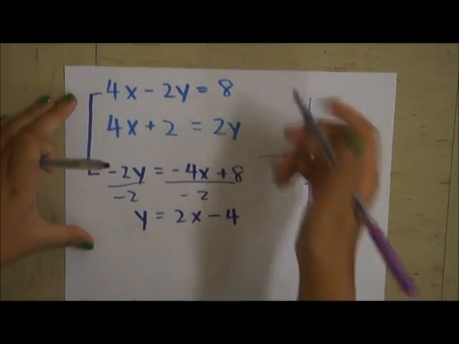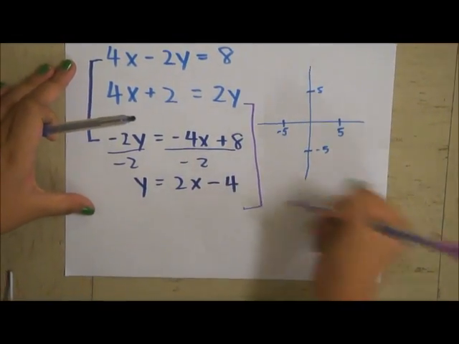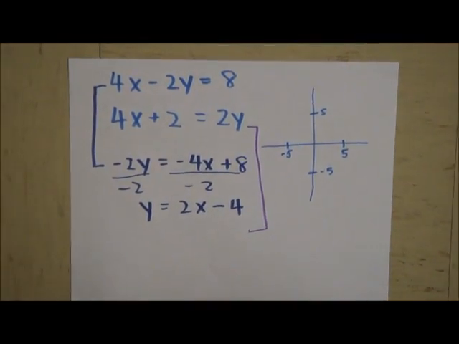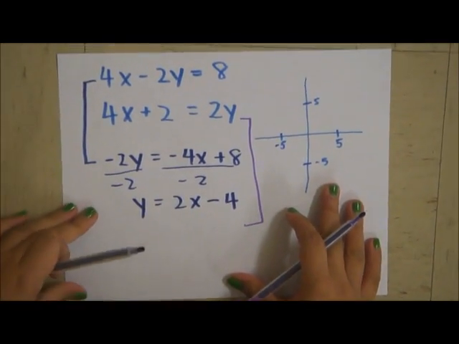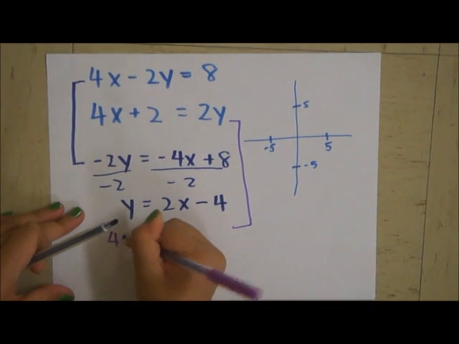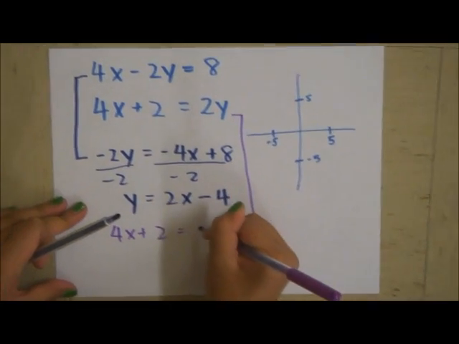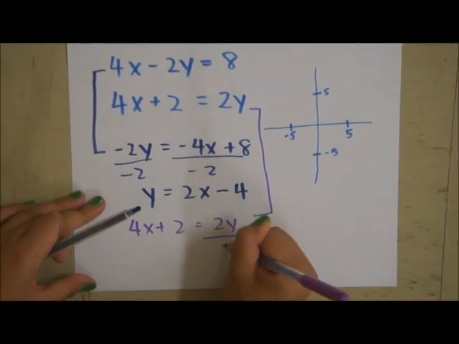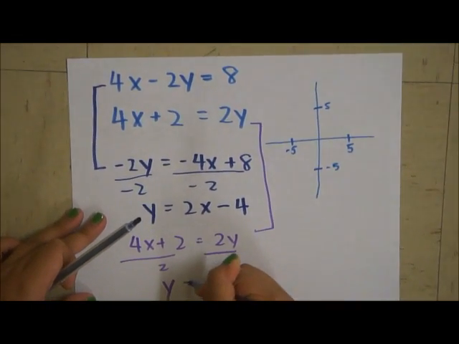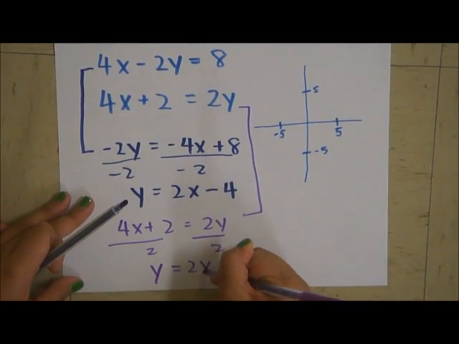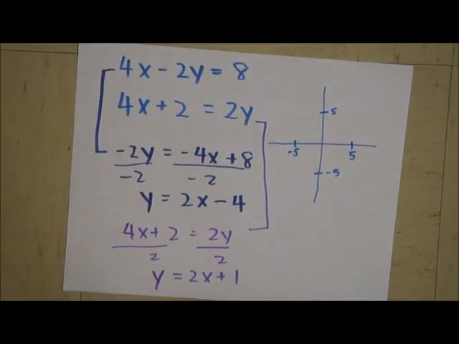Then for the second equation, the y is already isolated, so you just have to divide both sides by 2 to isolate y, and you would get y equals 2x plus 1.